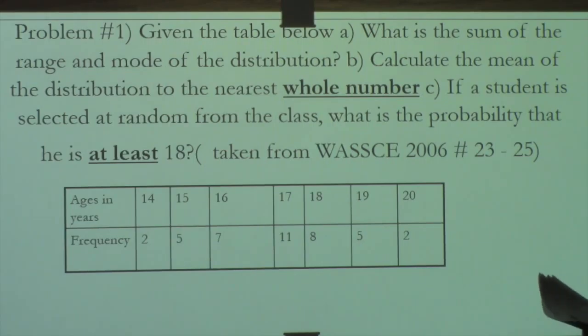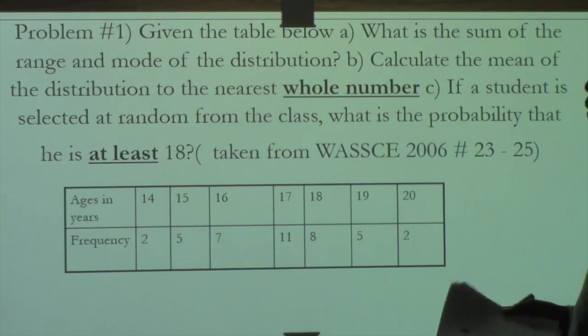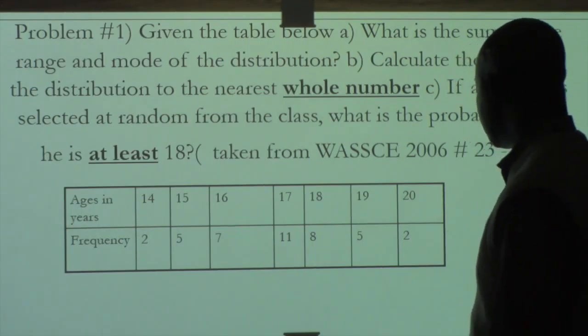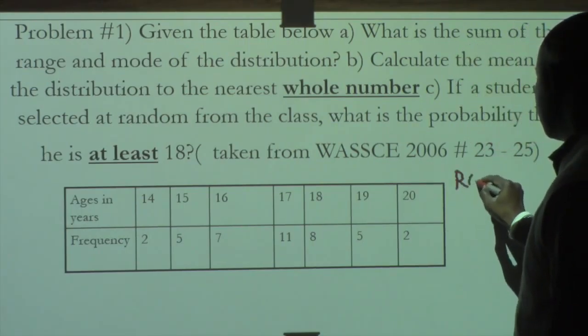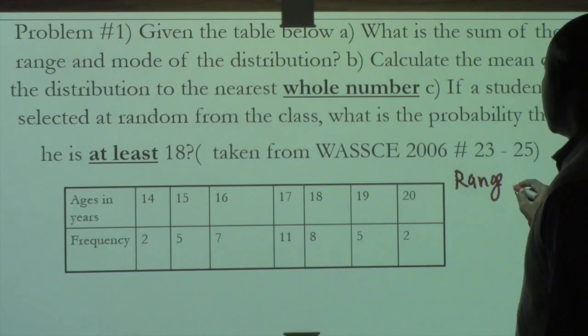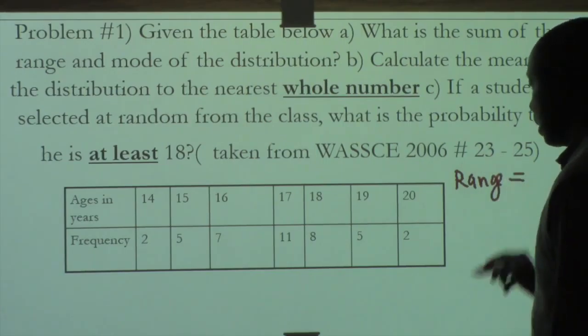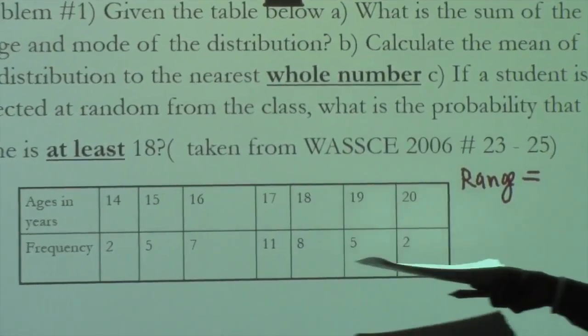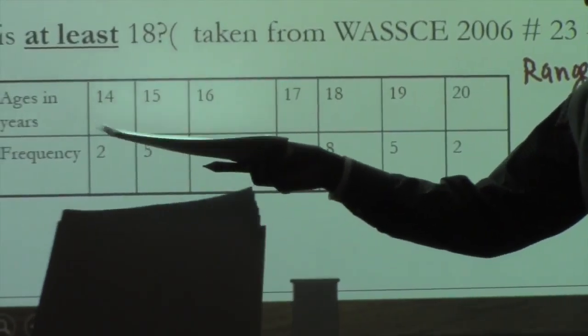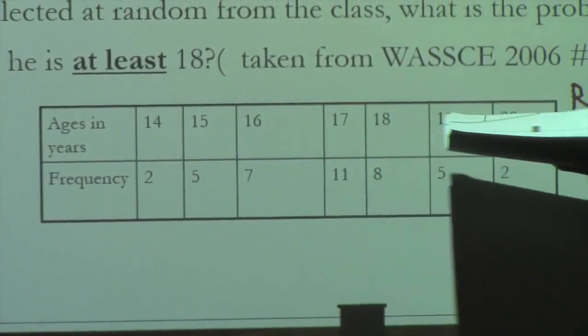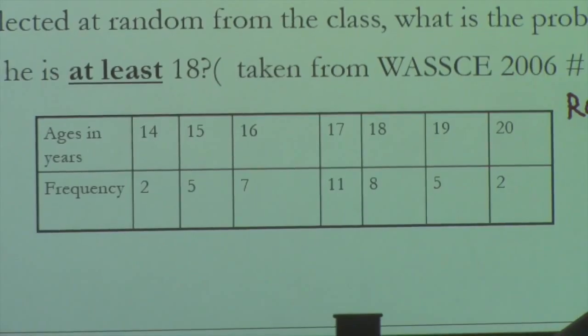What is the sum of the range and the mode? The first thing we must find is the range. So how do we find the range? These are the frequencies. Our focus here is on the age in years, the ages of the people.